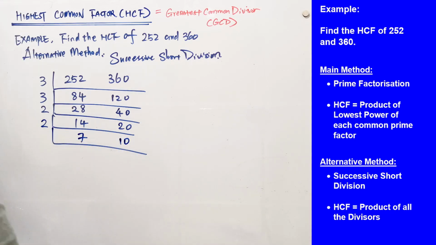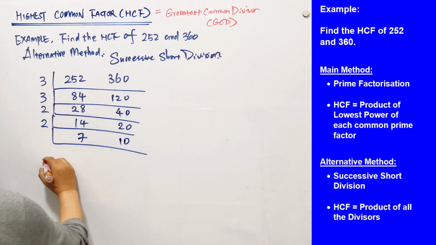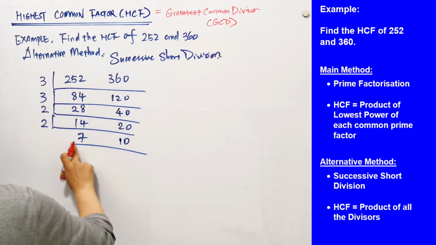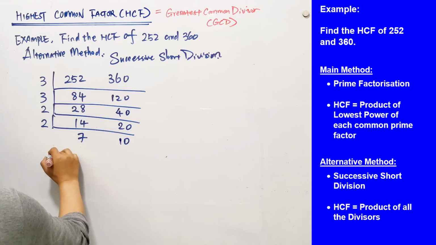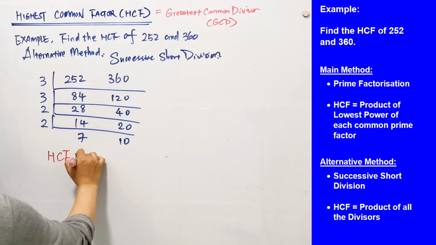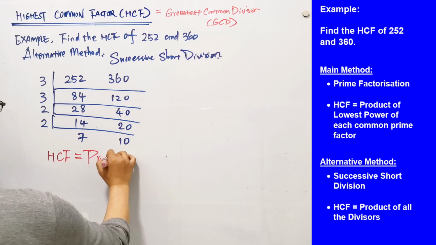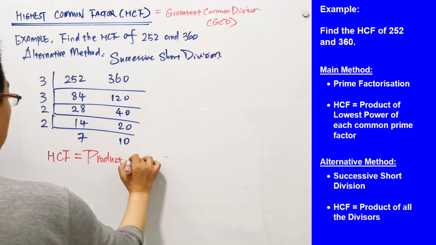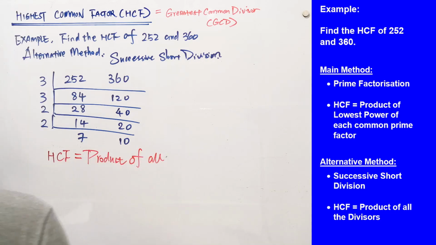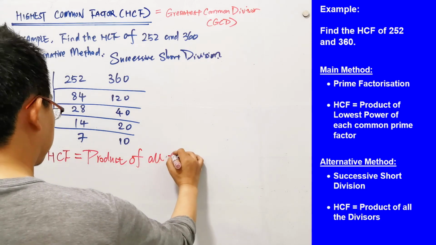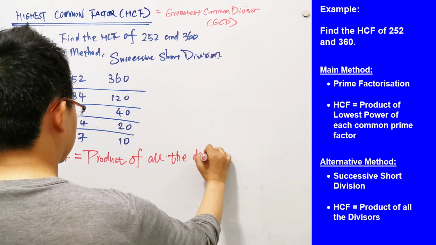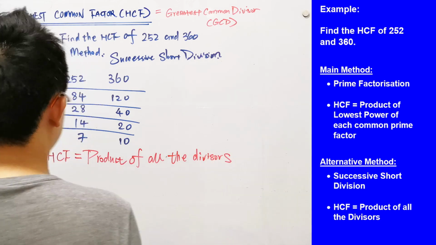So in this case, let's recall the idea. HCF equals what? Product of all the divisors.